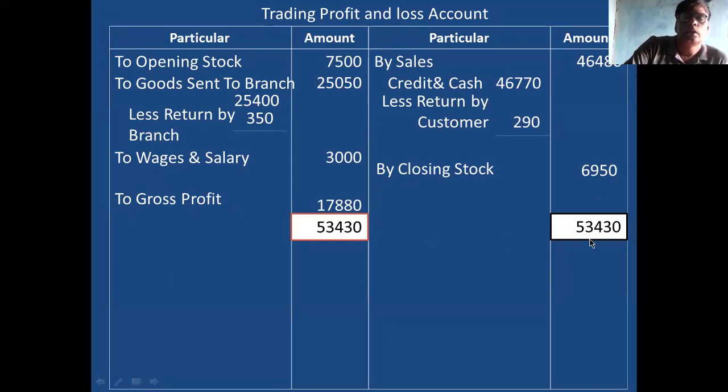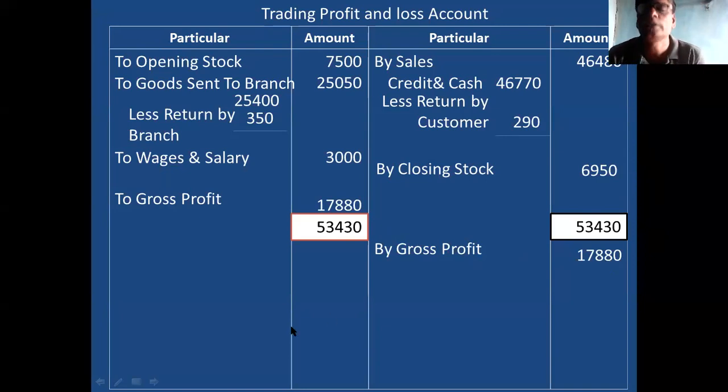You take the total, ascertain the difference. Difference is 17,880. This is called gross profit. You take gross profit to the credit side of P&L account. Gross profit 17,880. Thereafter, you take all the expenses on the debit side, incomes on the credit side.